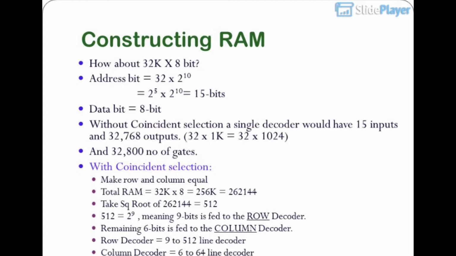The remaining 6 bits are fed to the column decoder. The row decoder is a 9 to 512 line decoder. The column decoder is a 6 to 64 line decoder. Number of gates equals 608.